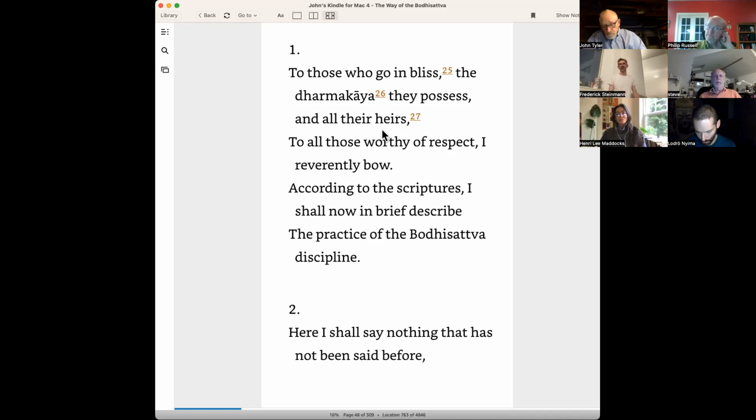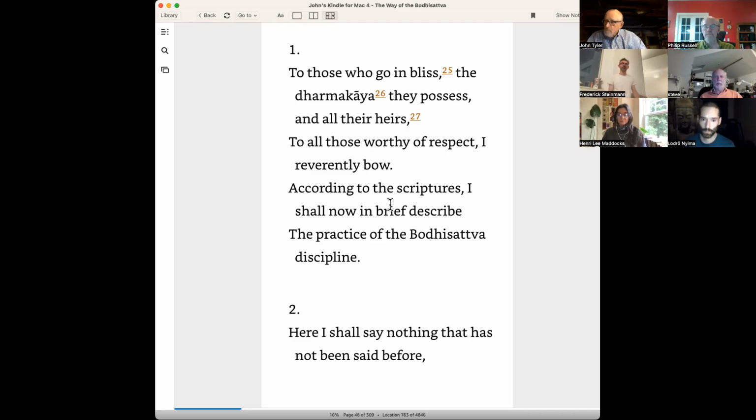To all those worthy of respect, I reverently bow. And this is, we'll come back to this, but according to the scriptures, I shall now in brief describe the practice of the Bodhisattva discipline.